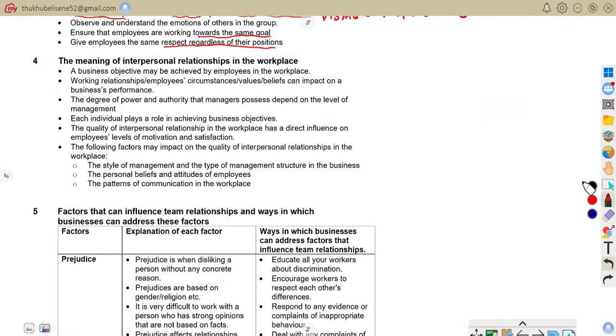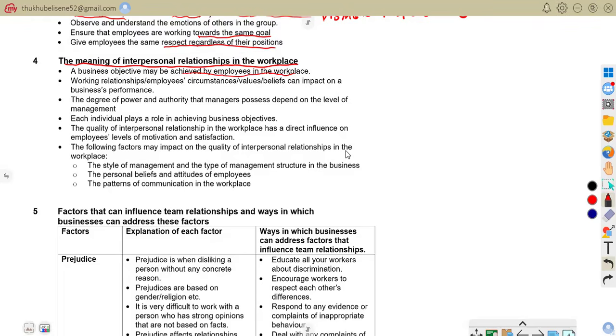So now we are moving on to the meaning of interpersonal relationships in the workplace. A business objective may be achieved by employees in the workplace.